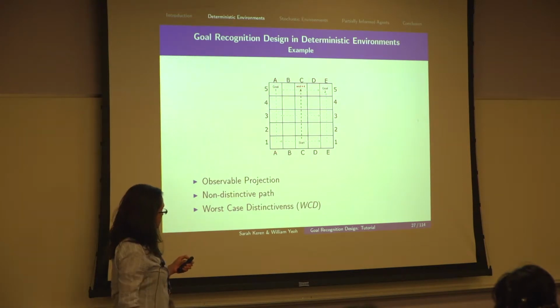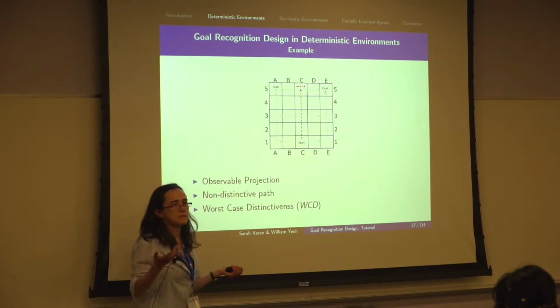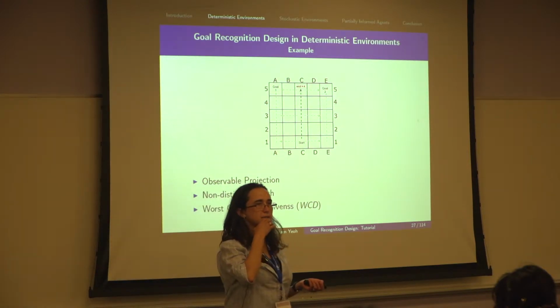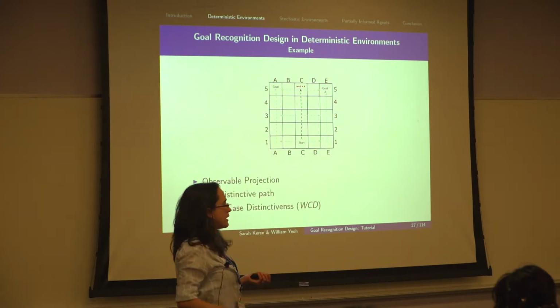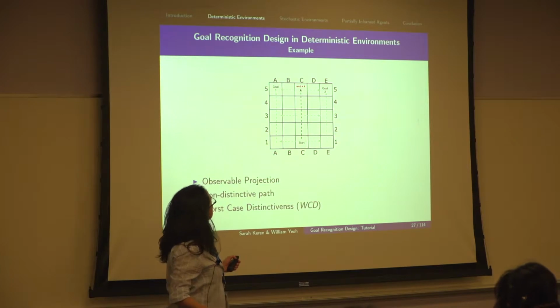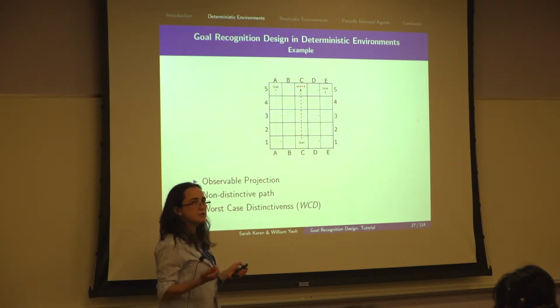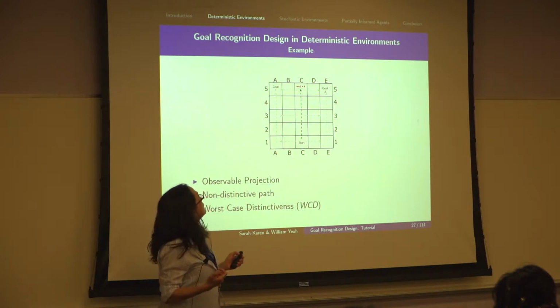The observable projection of a path, because I didn't state otherwise, is just the paths themselves, but we could see fragments of the paths as well. The non-distinctive path is, for example, this path here. Why is it non-distinctive? Because it's a prefix to a valid plan to both G1 and G2.